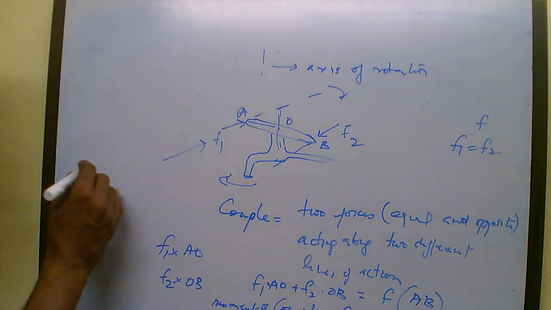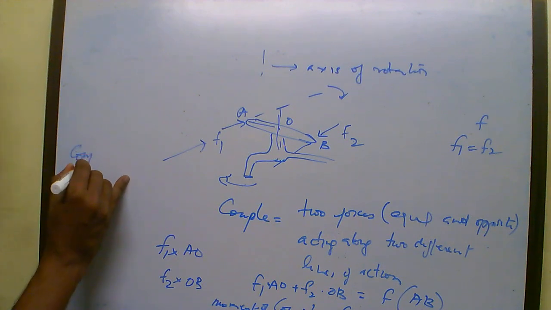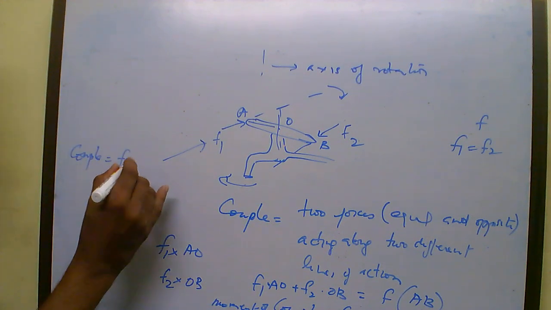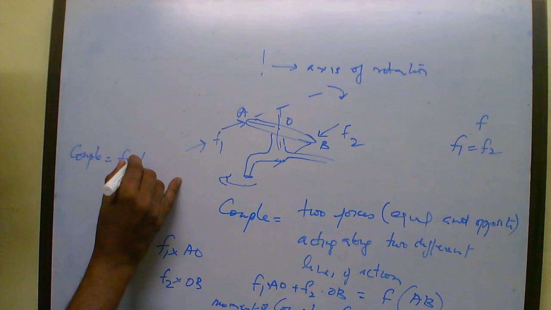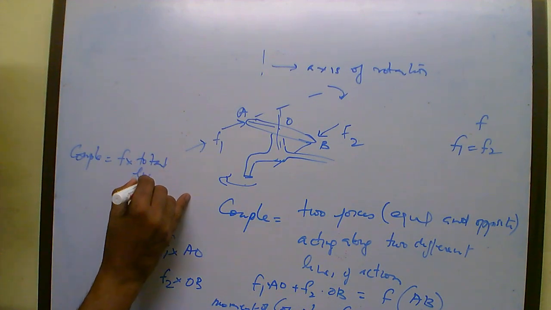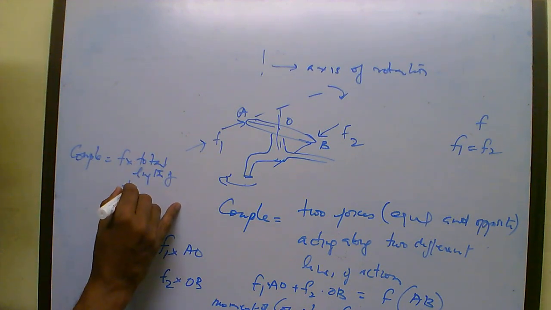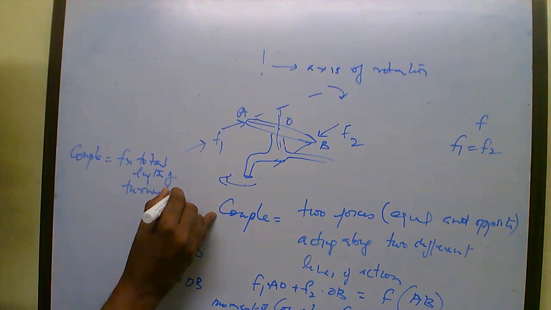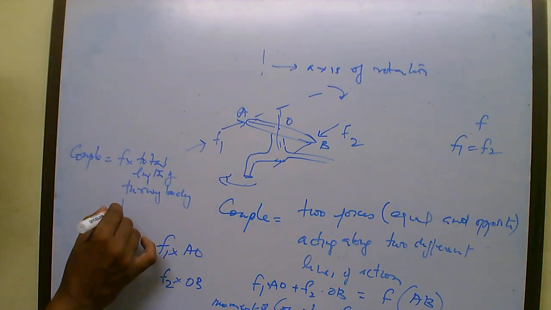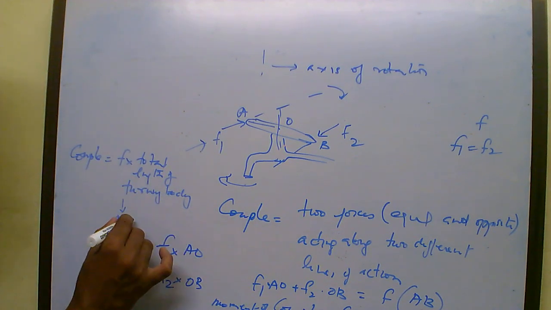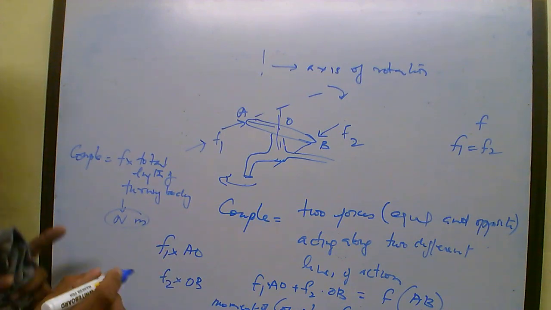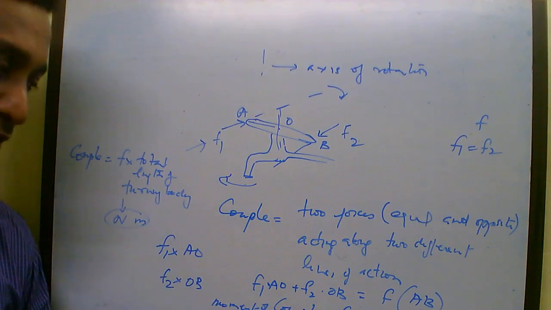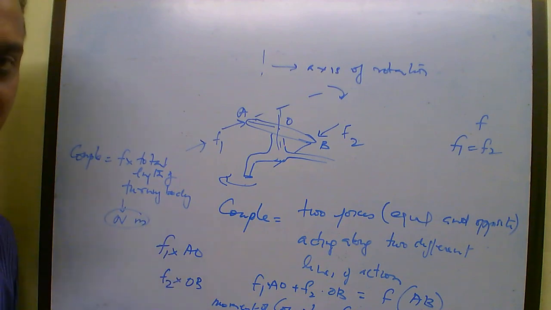The couple is equal to applied force into the total length of the turning body. Force is in Newton, the length is in meter. So couple and torque have the same unit, that is Newton meter.